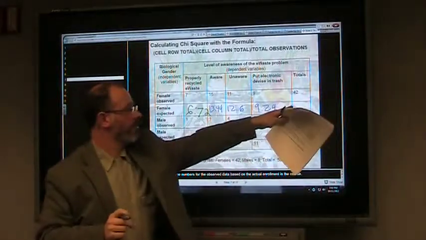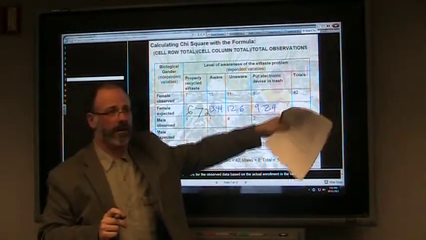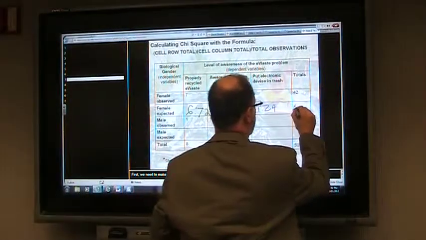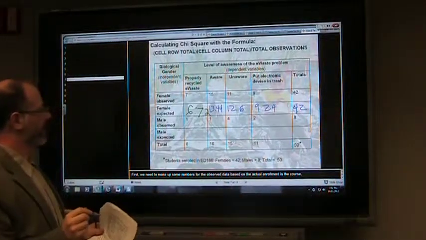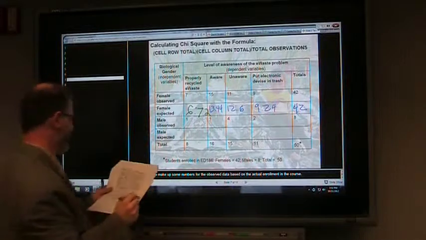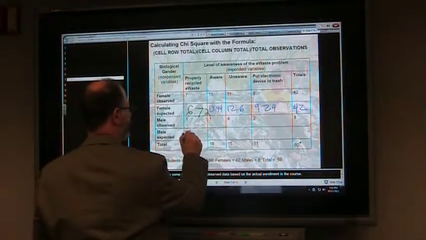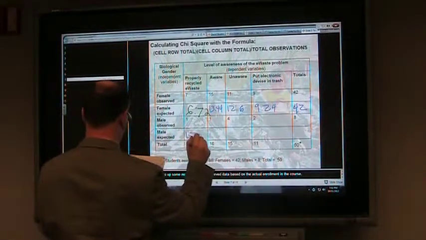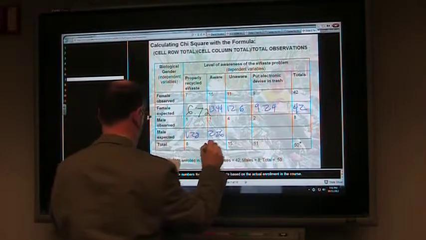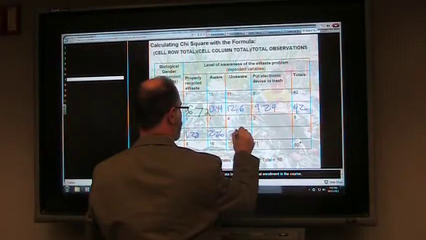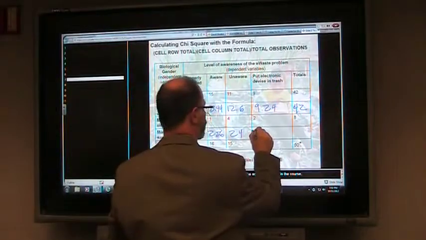Quick. What number goes there? 42. Very good. How did you know that? Because you're going to multiply it by itself and then divide it by 50. Yeah, works. Oh, it is really close to the expected. Well, not really. Some of them, except for the unaware.